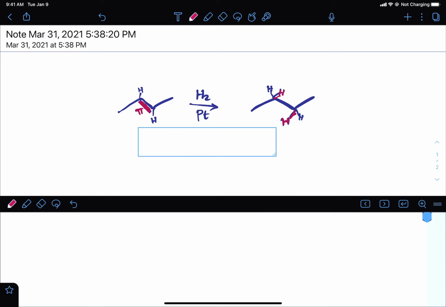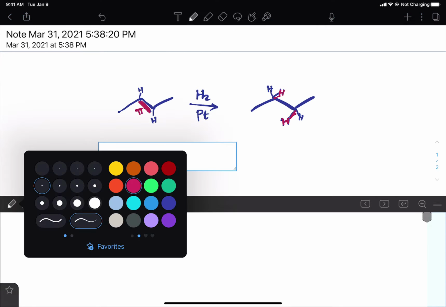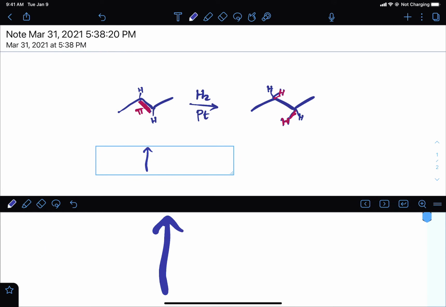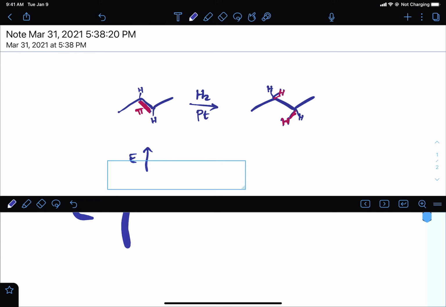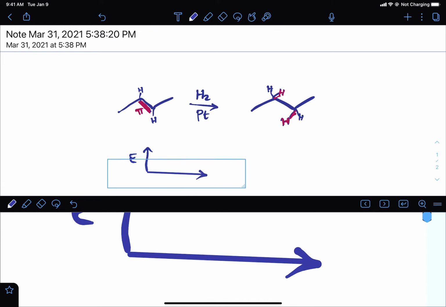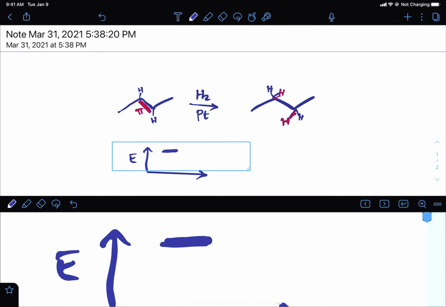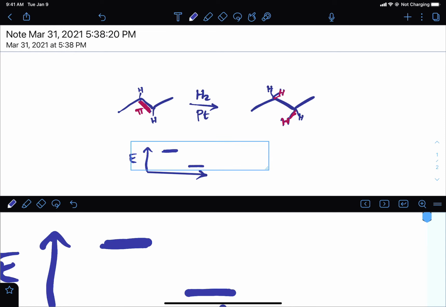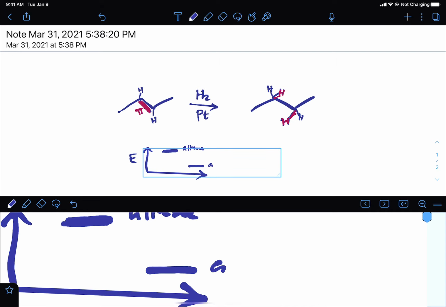So the energy of the alkene, if we were to kind of graph this with the energy, okay, the alkene is higher in energy than the alkane. So this is alkene. Alkane.